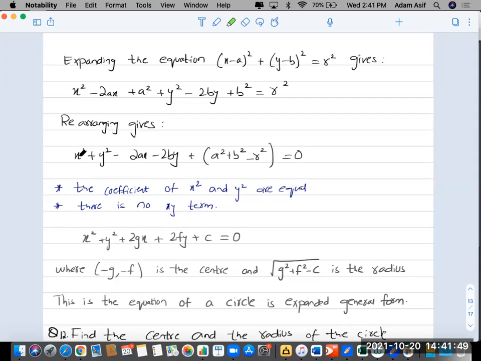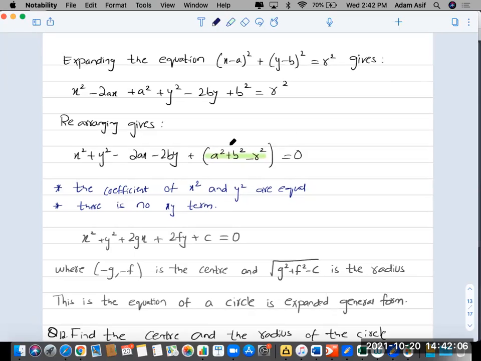You see, in the circle equation, the coefficient of x square and y square are always equal, and there is no xy term. There is an x term and a y term, and then there's a constant term. Now, if I call this constant term c, so a square plus b square minus r square is going to be equal to c. So I'm replacing this constant term with c over here.